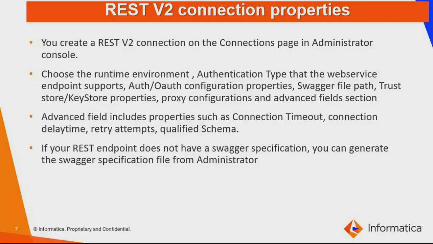You also have an option to specify advanced fields at the connection level. Here you can specify properties such as connection timeout, connection delay time, retry attempts, and qualified schema. If your REST endpoint does not have a Swagger specification, you can generate the Swagger specification file from the administrator console.